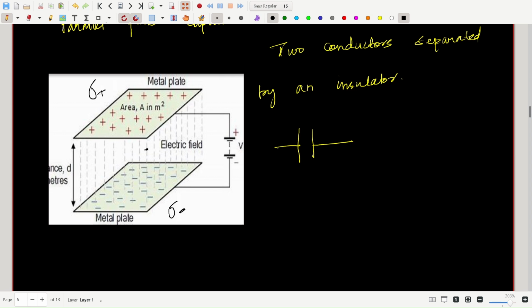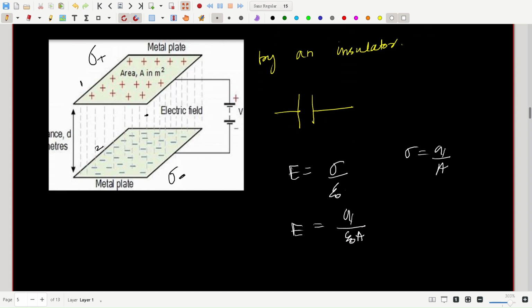By using Gauss law, we can calculate the electric field at the center due to the positively charged plate and the negatively charged plate. We get the equation E is equal to sigma by epsilon 0, where sigma is the surface charge distribution. Sigma is equal to Q by A, so E is equal to Q by epsilon 0 A.